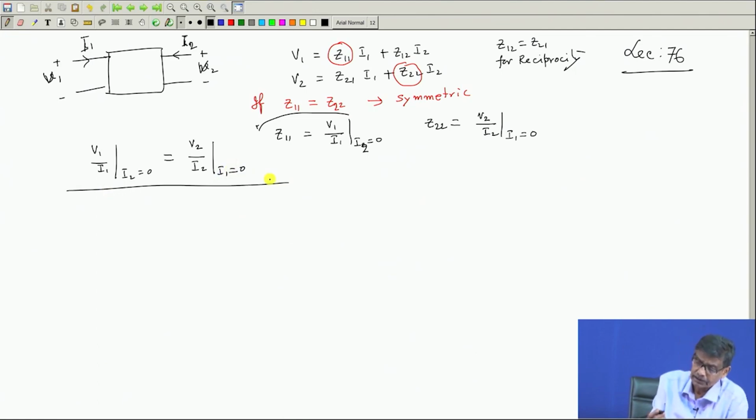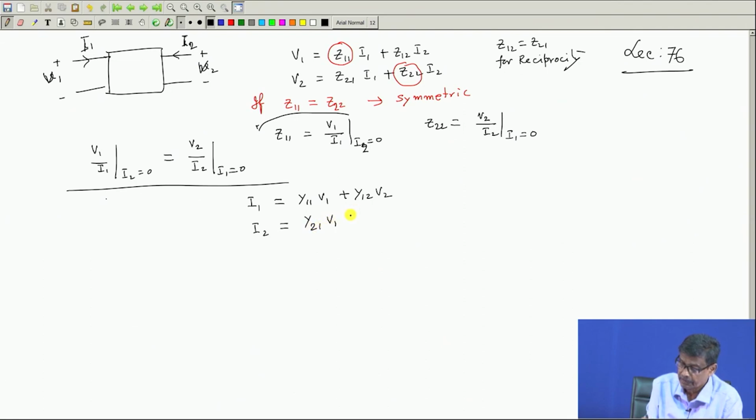So, let us see what happens if we describe the network by admittance parameters. For the Y matrix, I1 and I2 are given by I1 equal to Y11 V1 plus Y12 V2, and I2 equal to Y21 V1 plus Y22 V2.